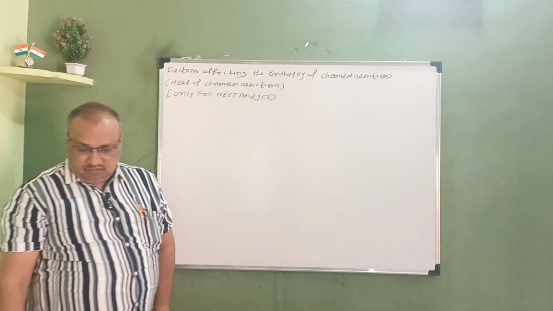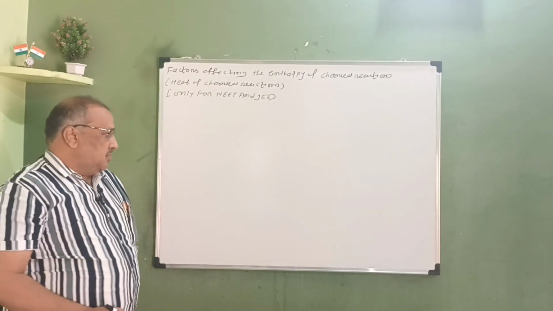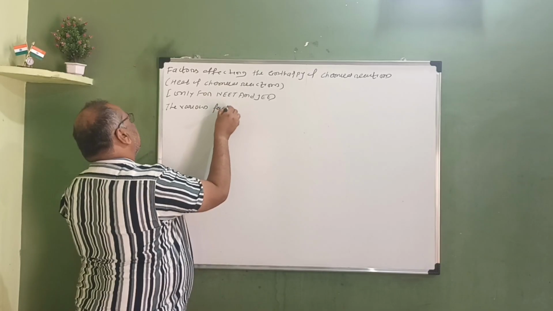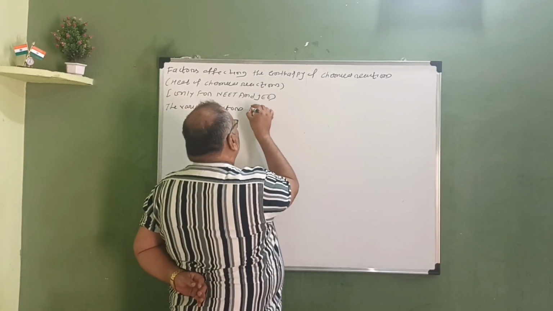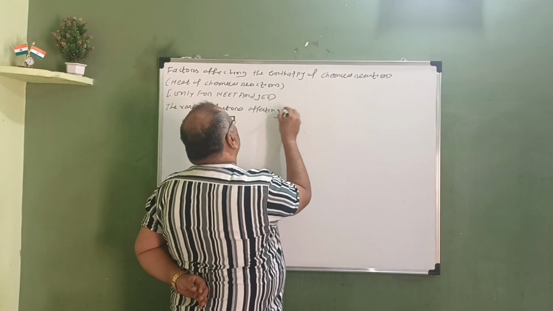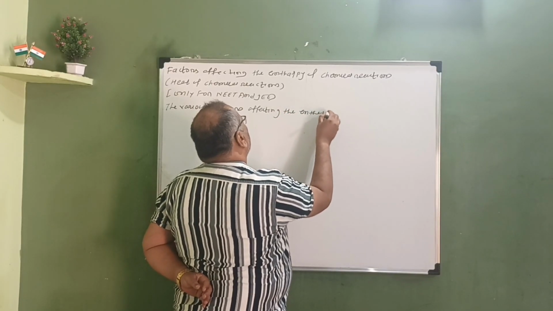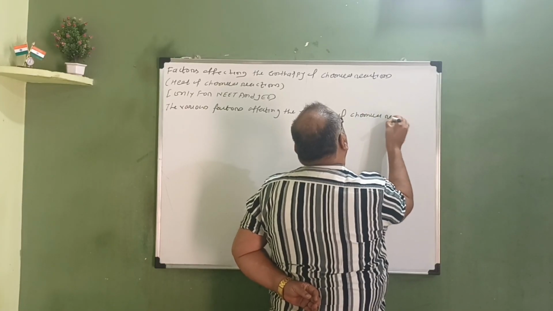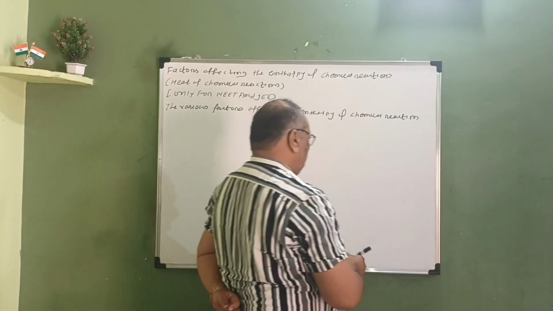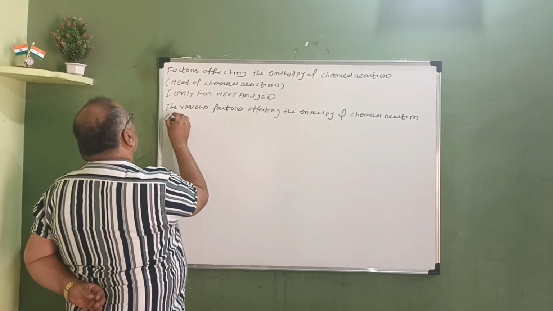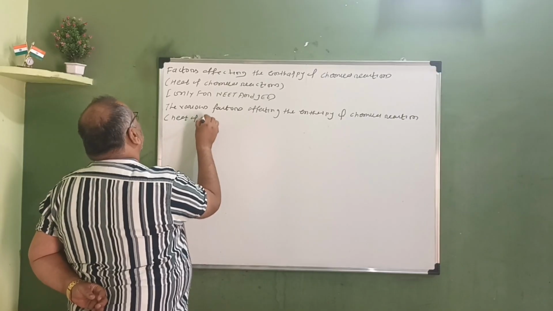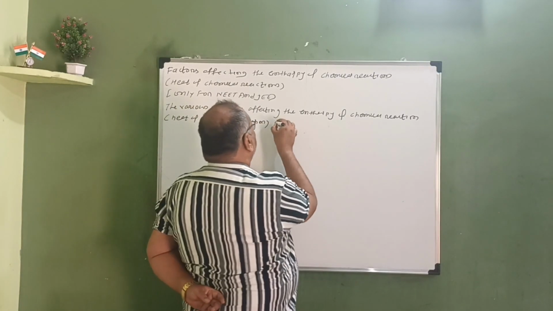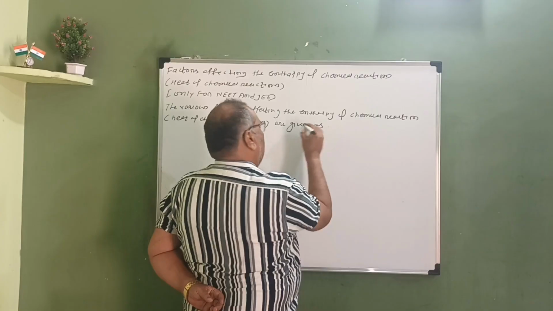Now here the various factors affecting the enthalpy of chemical reaction, which is also called as heat of chemical reaction, are given as.